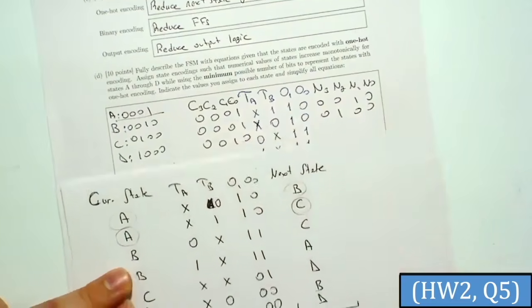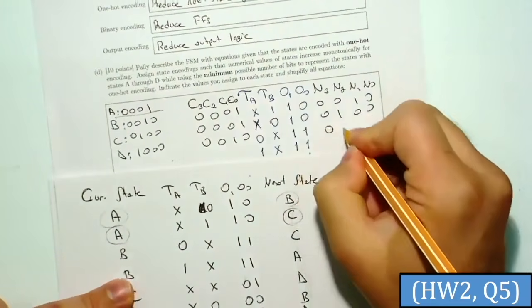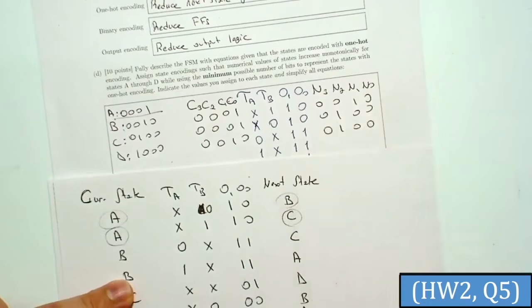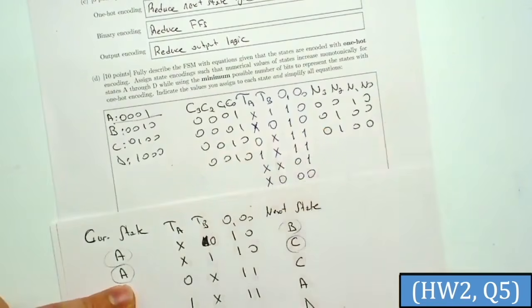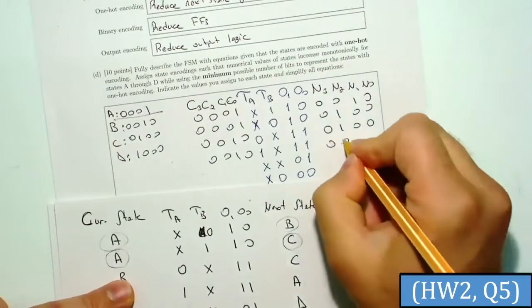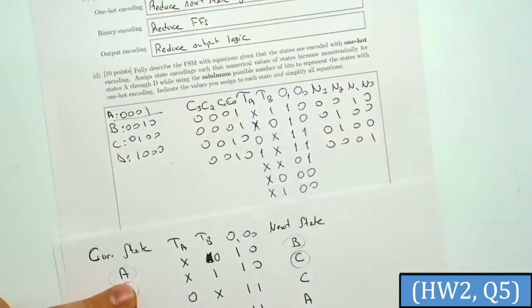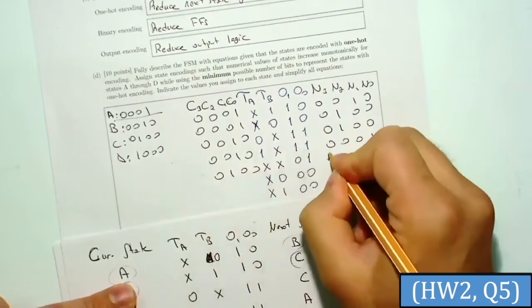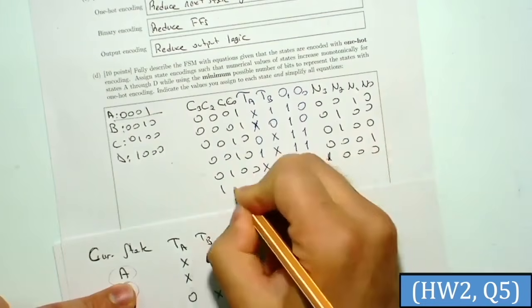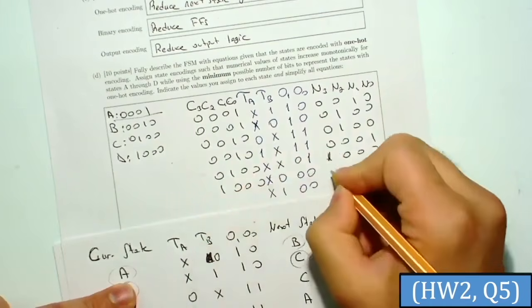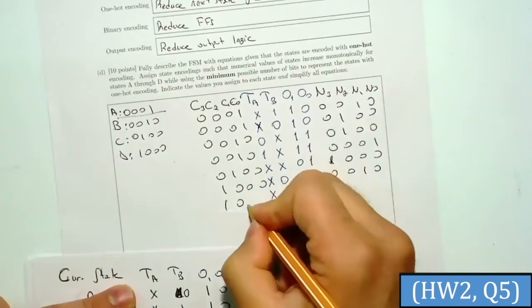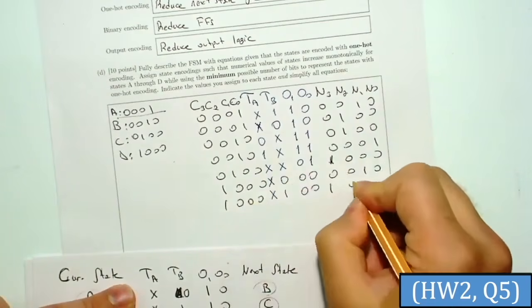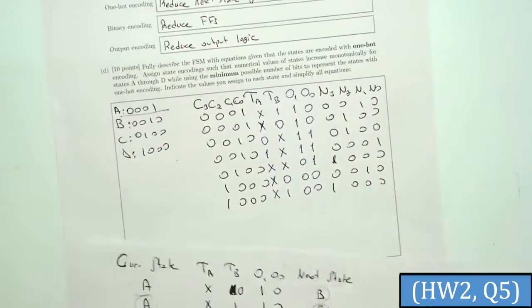This will be B, and the next state will be C. And again B, and the output will be A. Then I have C, and the next will be D. For D, I have first B here, and again D here. All right, so this is the truth table for D.